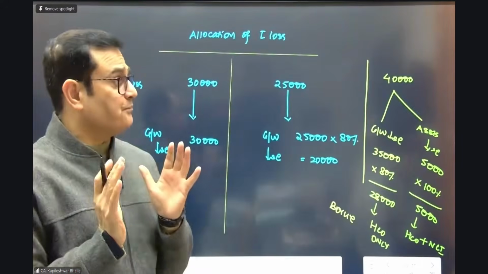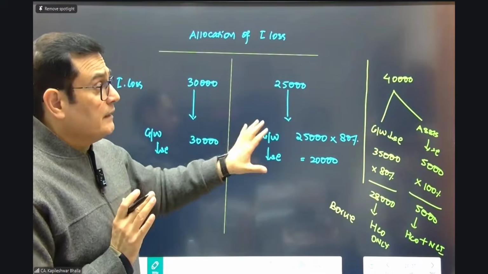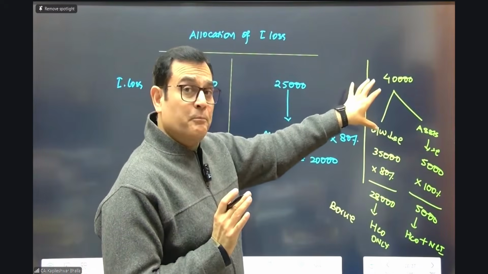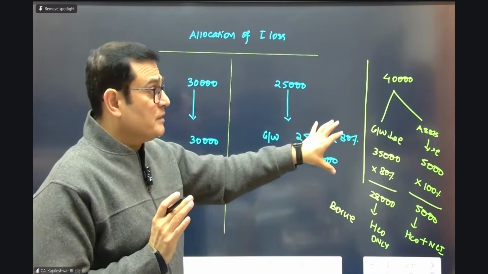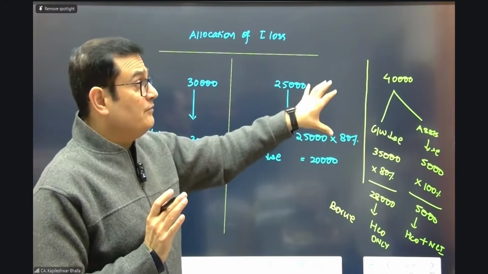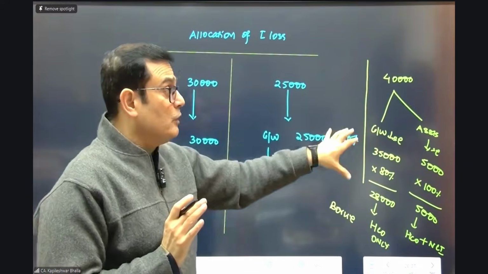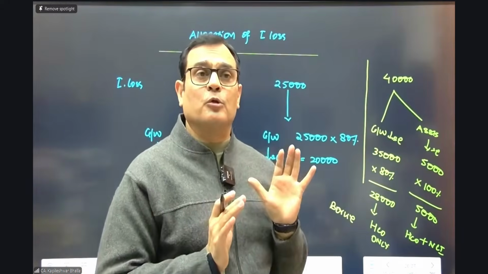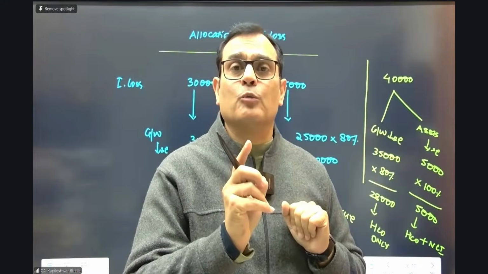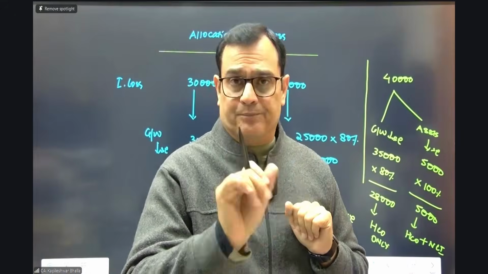So what do you need to do? You should compare your impairment loss vis-a-vis the grossed up goodwill. If the impairment loss is less than or equal to the grossed up goodwill, you can just write off the goodwill, 80% done.